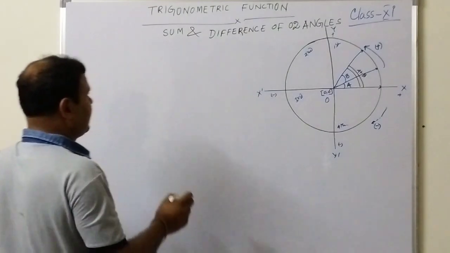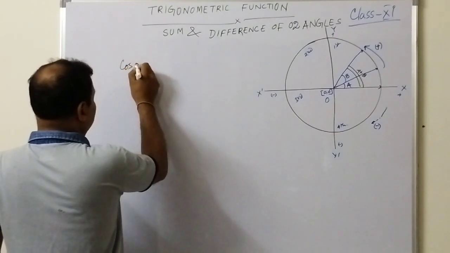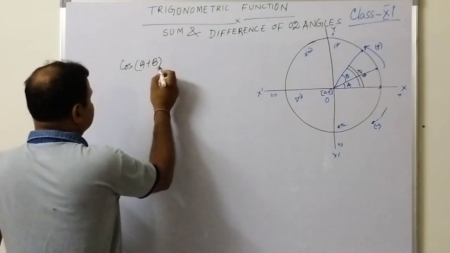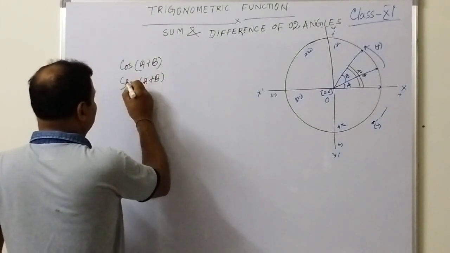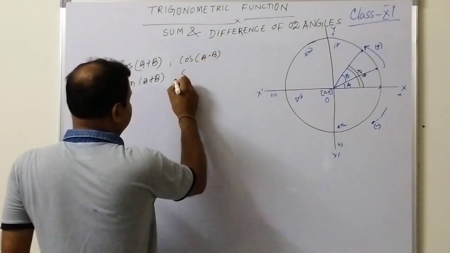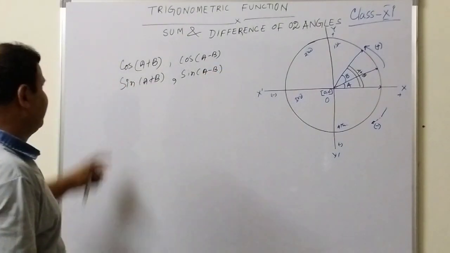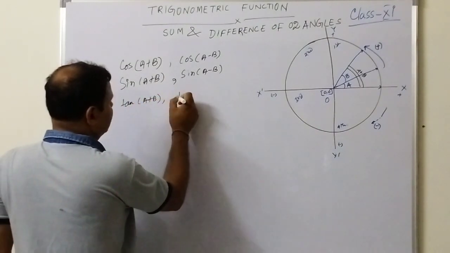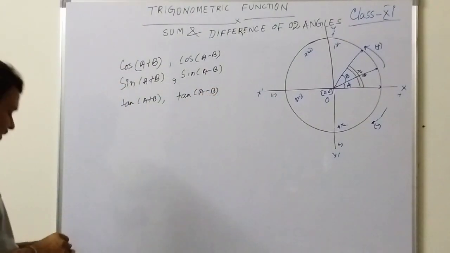So we need to find out the different trigonometric ratios, suppose this is cos A plus B, and sin A plus B and so on, or maybe cos A minus B, sin A minus B, and so on, maybe the tan function as well, tan A plus B, then tan of A minus B. So these are the functions.